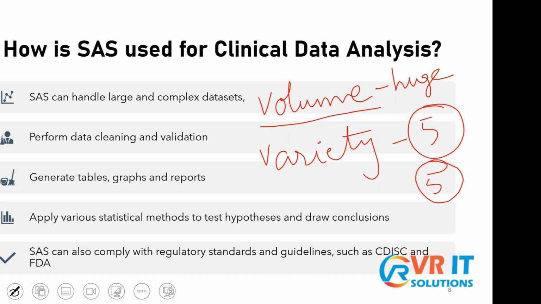For example, if you are going for a blood report, at least 20 different types of parameters will be collected: WBC count, RBC count, glucose levels, renal function test, liver function test, and so on, enzyme analysis. You will collect about 20 different values. If the diagnosis is very big, you may contribute up to 85 variables also.